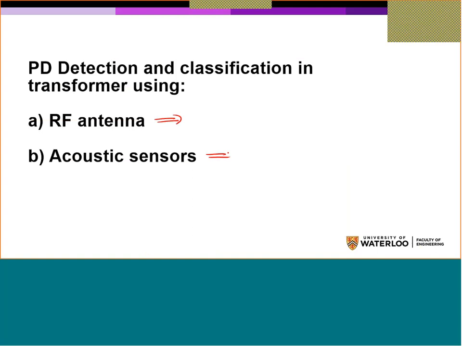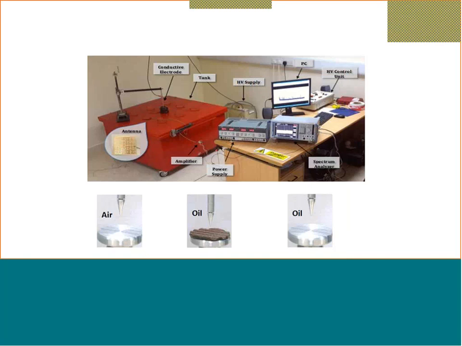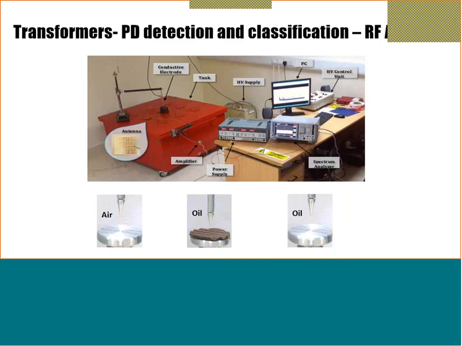So what I'm going to share with you here is some PD detection using an RF antenna and an acoustic sensor. We'll start with the RF antenna at the beginning. So we have in the lab a tank, and the tank has certain openings here. I can insert the electrode through a bushing inside. The tank is filled with oil, okay?